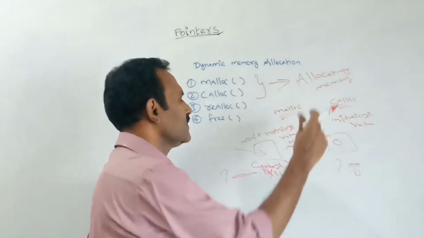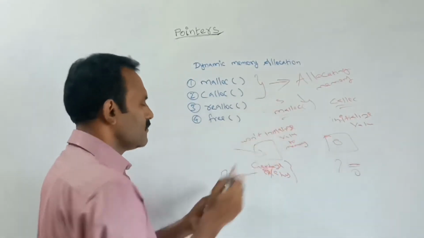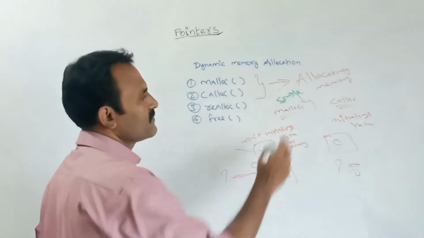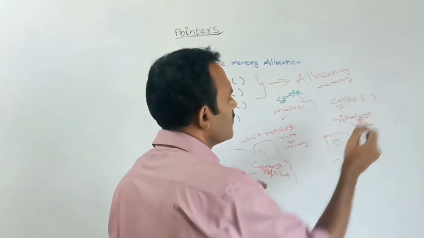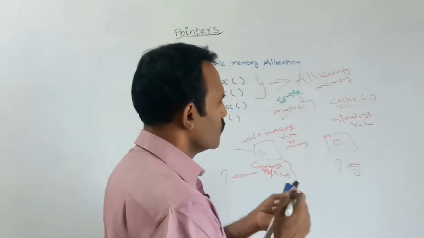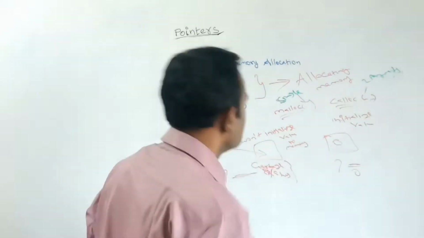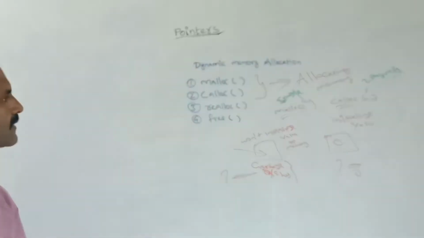In Malloc, we pass only a single argument to the function. For calloc, there are two arguments, argument 1 and argument 2. Totally two arguments.